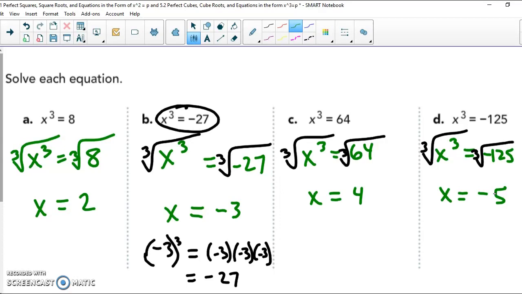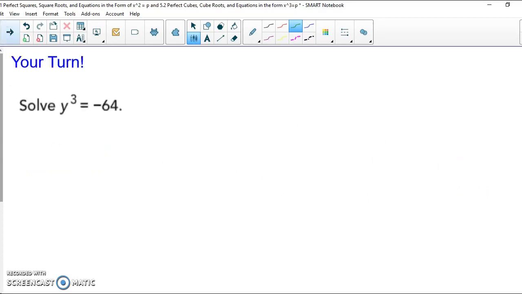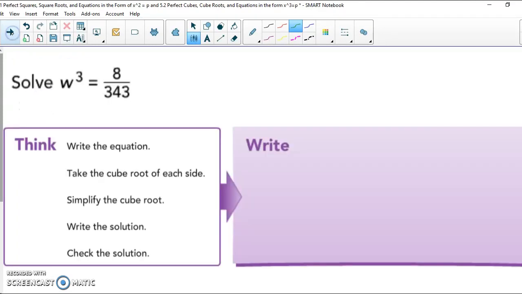All right, hopefully you found x equals 4 for letter C and x equals negative 5 for letter D. If not, pause and check your work. And I will let you do this your turn question for your quick check.